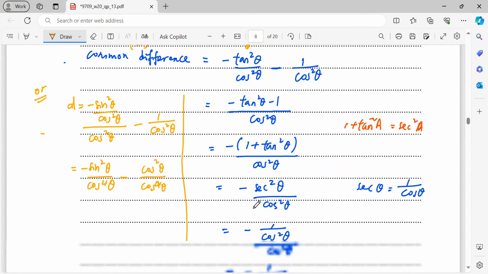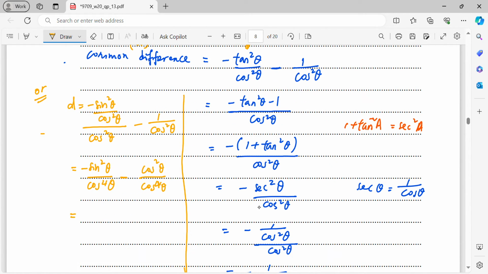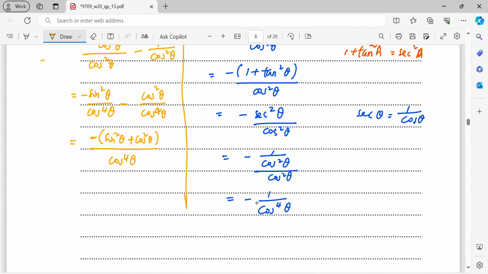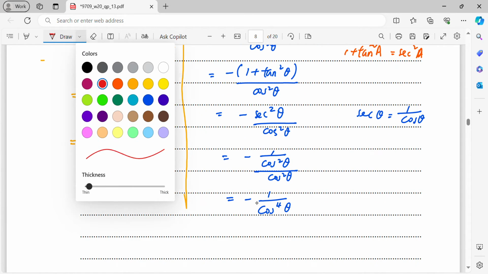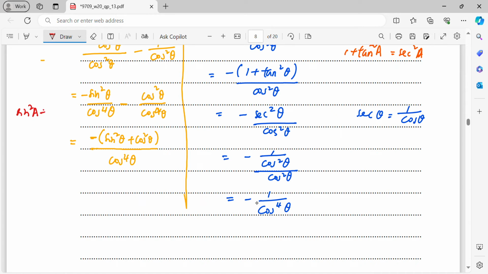Okay, then here I will get over cos degree 4 theta and take out the minus from both sine squared and cos squared. So it will be sine squared theta plus cos squared theta. And we have an identity, right? The identity is sine squared A plus cos squared A equals to 1.